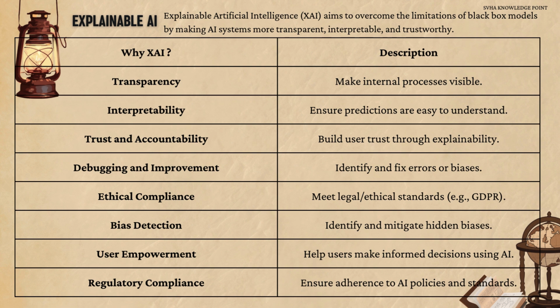XAI helps to meet legal and ethical standards, and it is also used to detect and reduce bias in models to ensure fairness and equity in decision making. XAI also supports adherence to policies that require explainable and transparent AI systems. So these are some of the reasons why we need explainable AI.